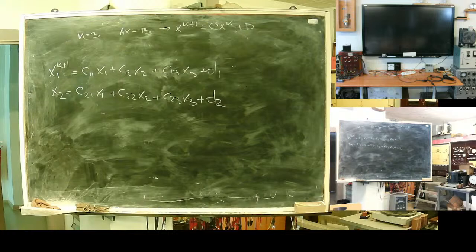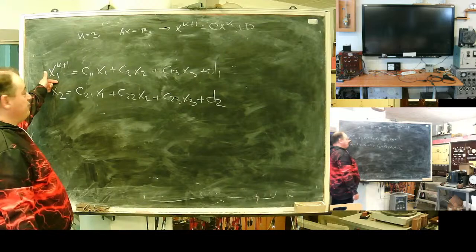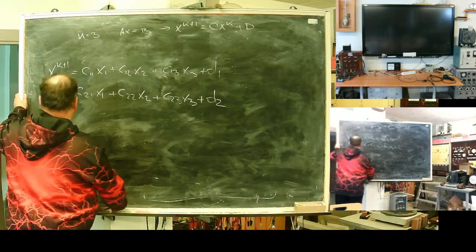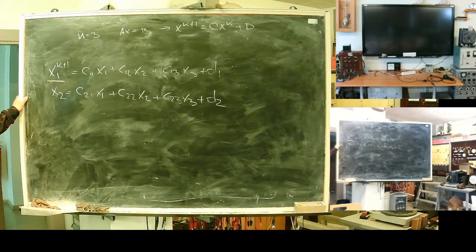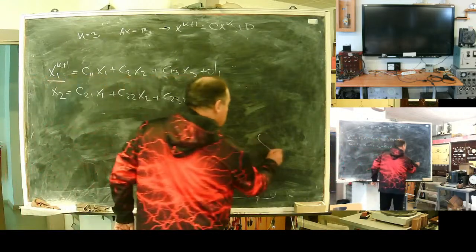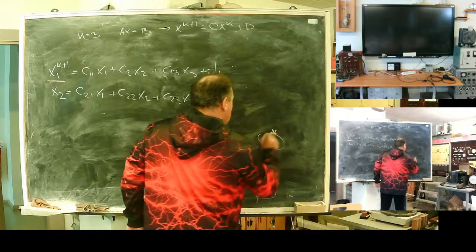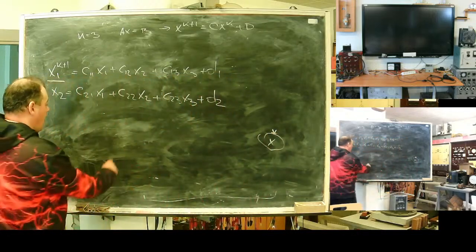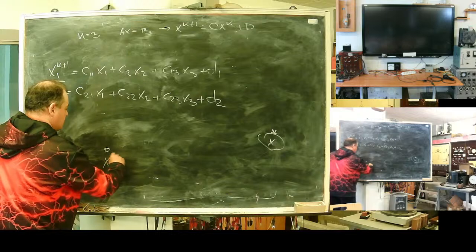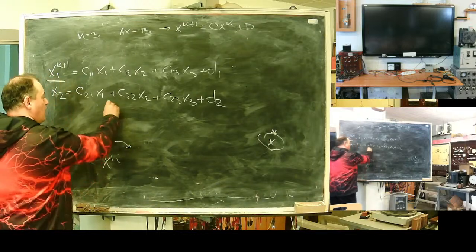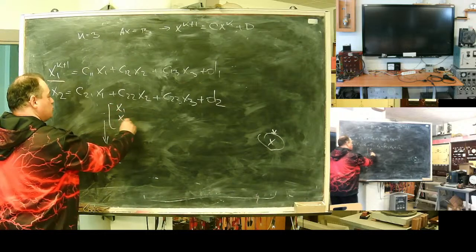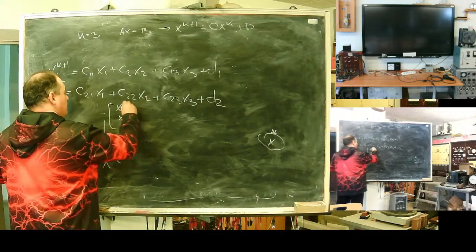Wait, wait one second. What do you have? x2 plus 1. What's this? Say. My goal. I'm here at xk. I'm doing one step. For this point, I have x1, x2, x3, k.